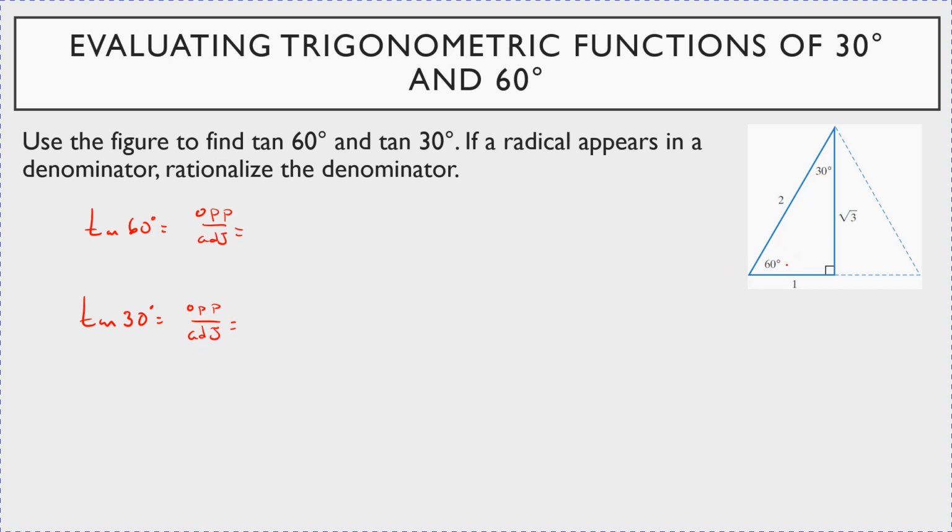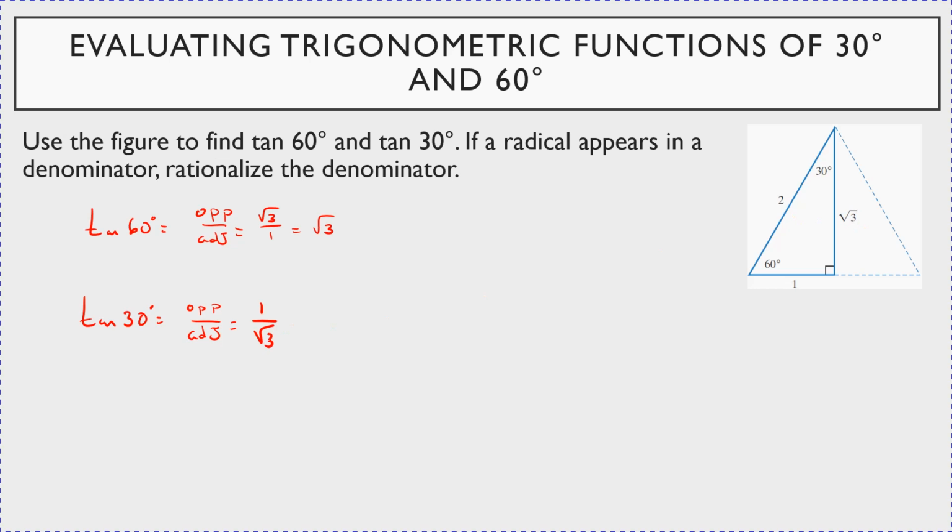All right, so here's 60, right? What is the opposite 60? Square root of 3. What is the adjacent? 1. So this is just the square root of 3. Now here's 30 degrees, okay? What is the opposite to 30? It's 1. What is the adjacent? It's the square root of 3.